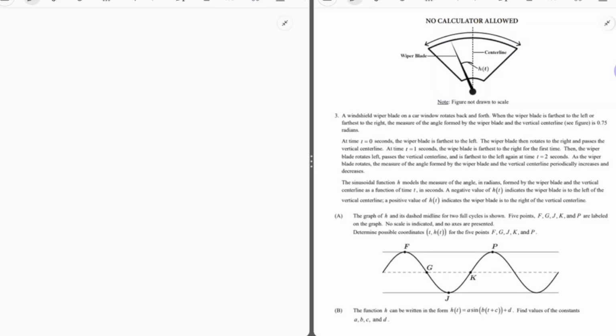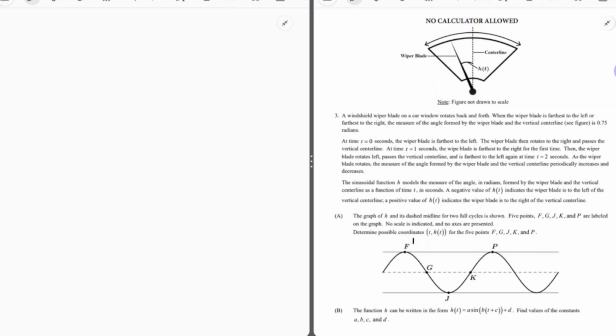So I'm going to say farthest to the right is, let's see, is that positive or negative? Positive value of h of t indicates the wiper blade is to the right. So farthest to the right, t equals 1, maximum value of h of t. I'm just going to make that note right here at point F, that's going to be t equals 1.